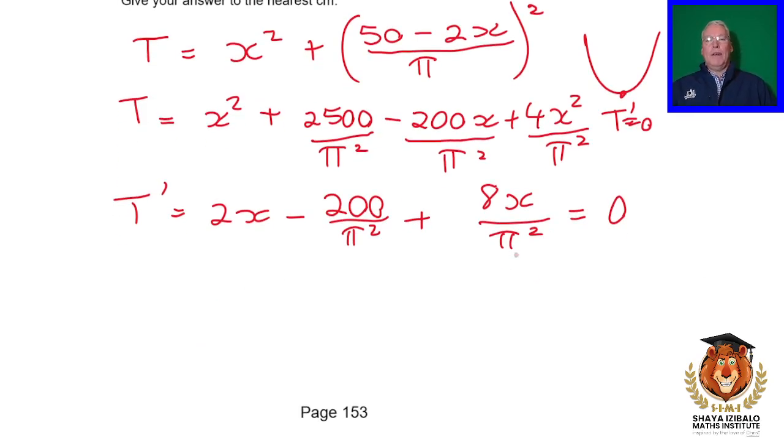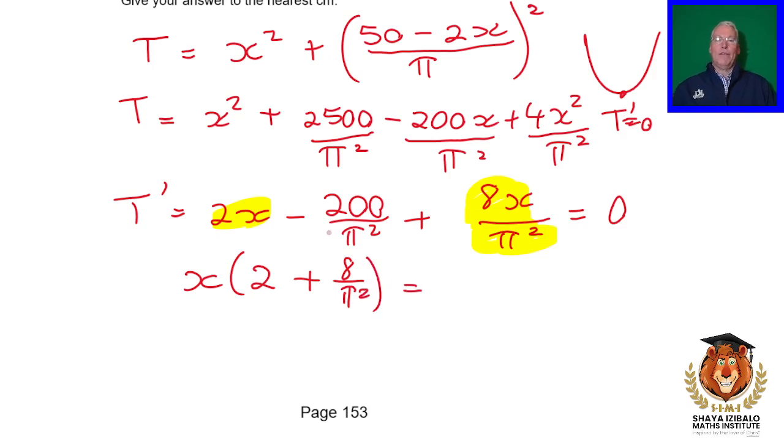So if we take x out as a common factor of these two terms, this yellow term and this yellow term, what we'll get is x times (2 plus 8 over pi squared).